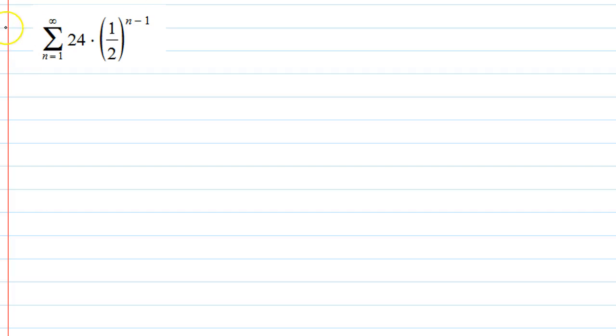All right, so here's another example. Same formula. So the number in front is our first term. And then you should pause the video and try this one on your own, and then come back and check your answer, see if you got it. The number here is our ratio.